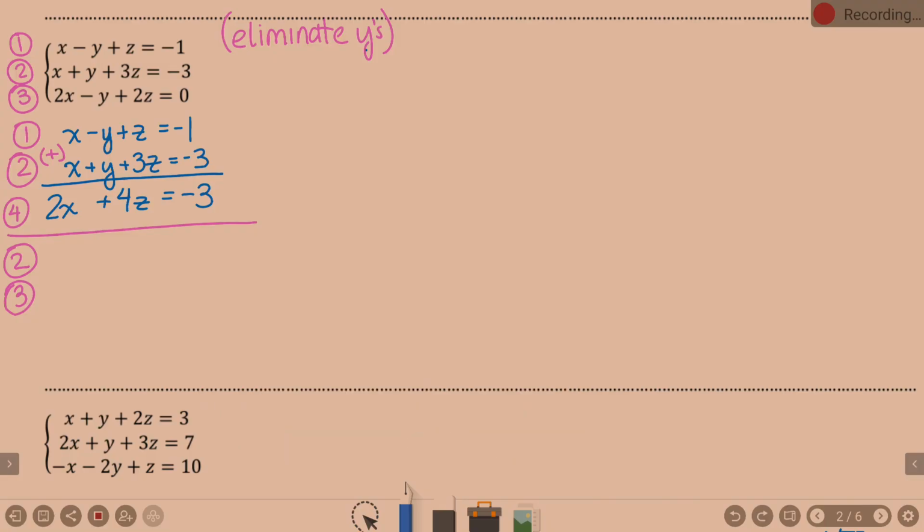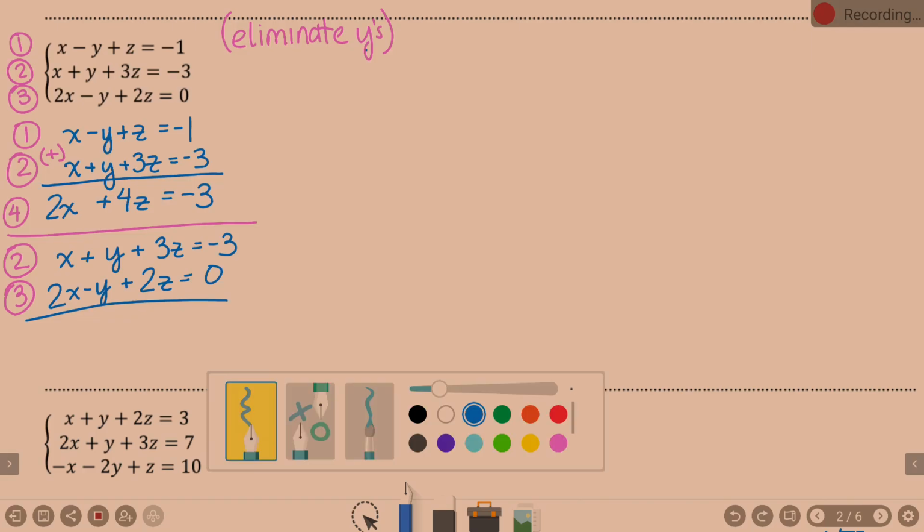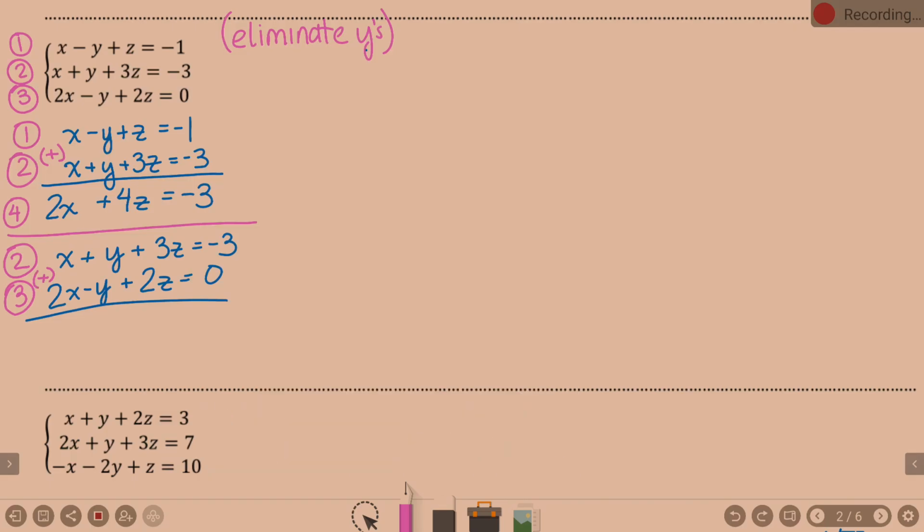Okay, so I'm going to write them out. x plus y plus 3z equals -3, equation 3. 2x minus y plus 2z equals 0. I have a plus y and a minus y, opposite signs, so my equations are ready to add.